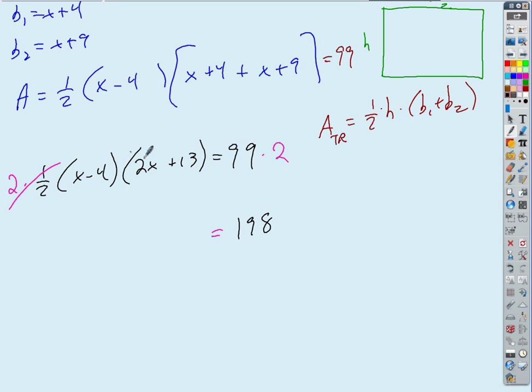If I distribute the x, I'm going to get 2x squared plus 13x minus 8x gives me how many x's? There you go. And then finally, negative 4 times 13.